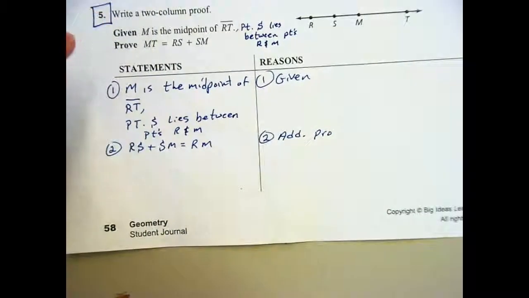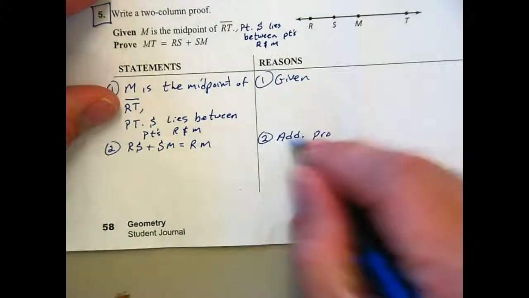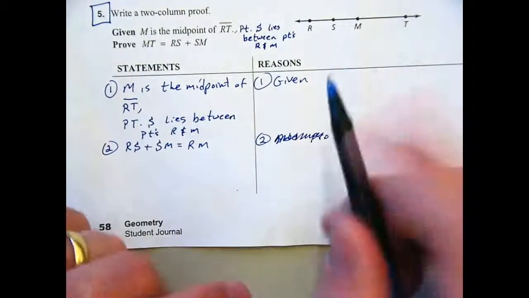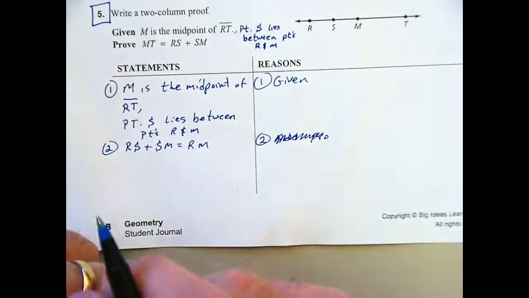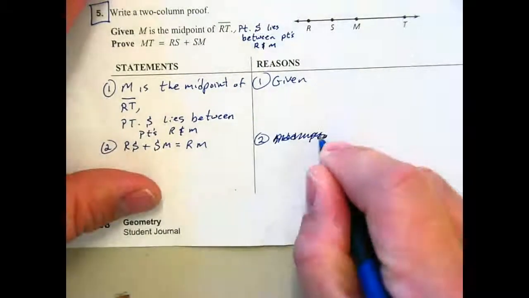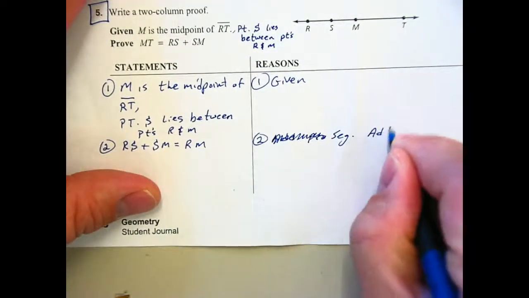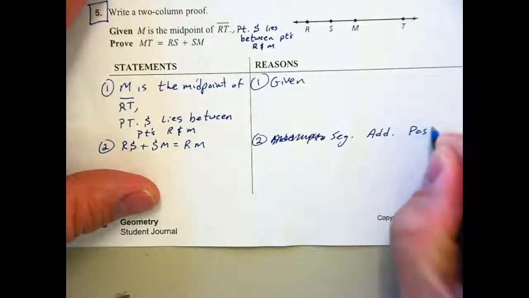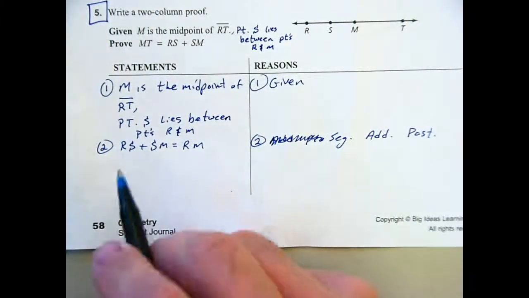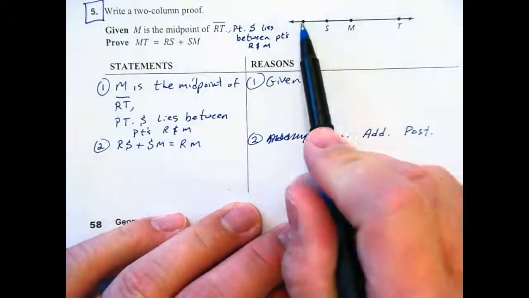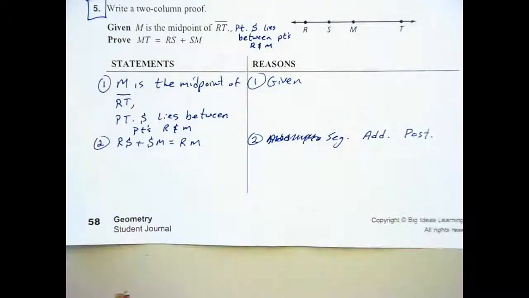Actually, not addition property of equality. Yeah, Alexis. Yeah, that'd be the segment addition postulate. Addition property of equality would say we add the same thing to both sides. Segment addition says, hey, this plus this makes that.